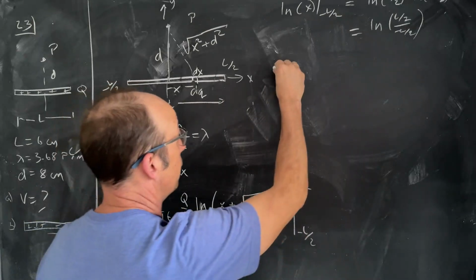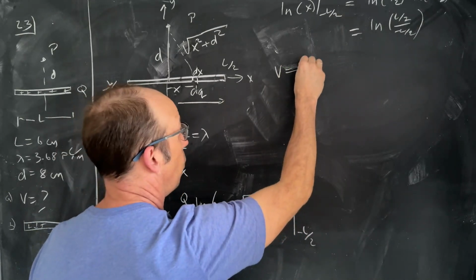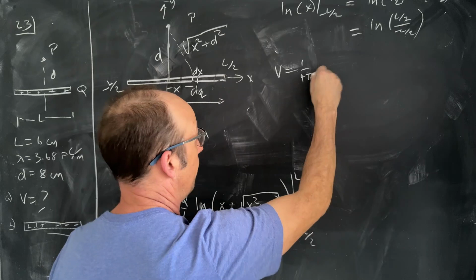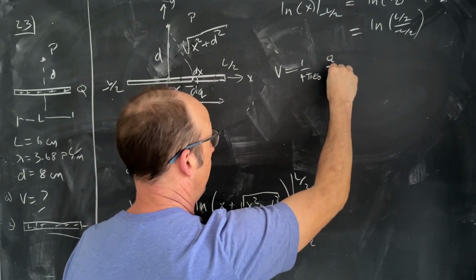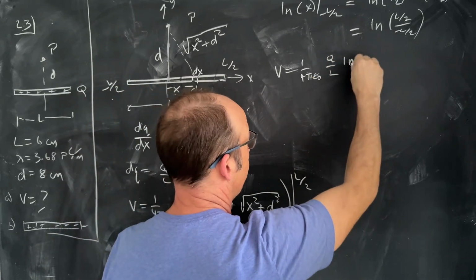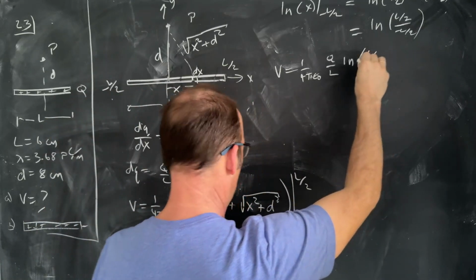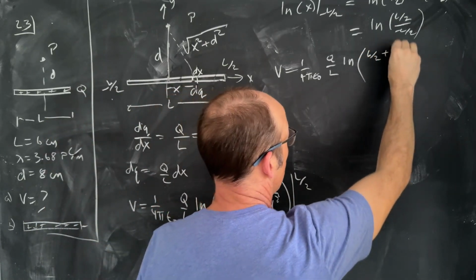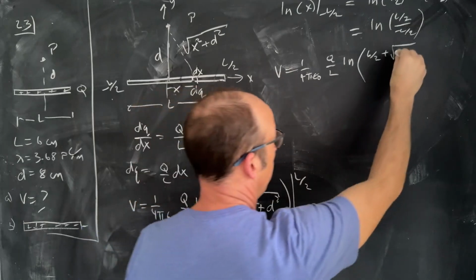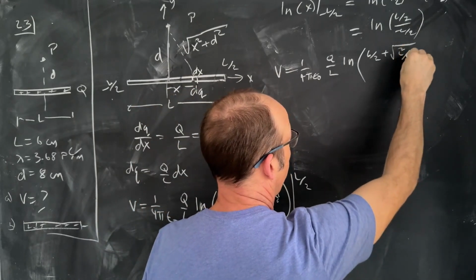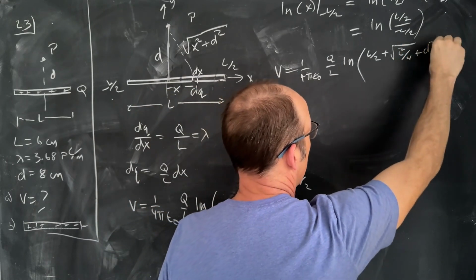I can say V is 1 over 4 pi epsilon naught q over L, and then I have the natural log. I'm going to put L over 2 up here, L over 2 plus the square root of L over 2 squared, which is L squared over 4 plus d squared.